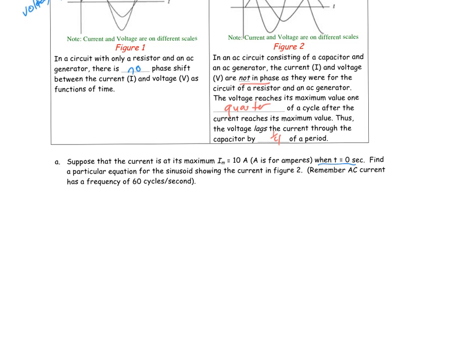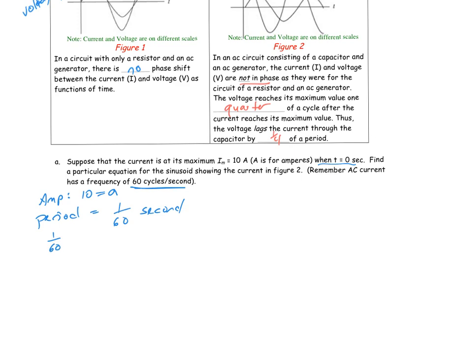Okay, so we need to write the equation. So we know that the amplitude is equal to 10. So that's our A value. We know that the period is 1/60th of a second. If there are 60 cycles per second, then one cycle takes 1/60th of a second. So that's the period.